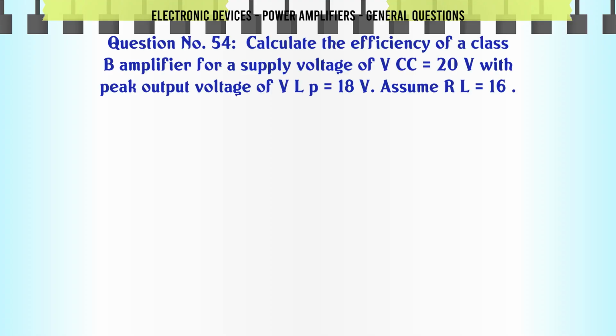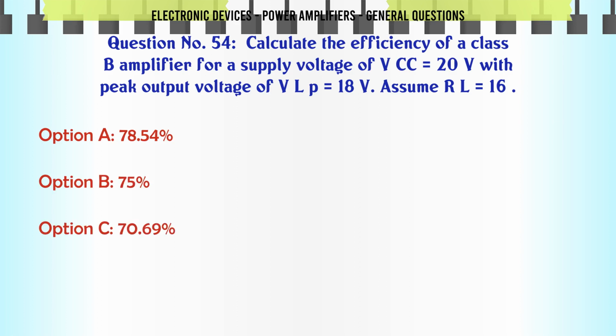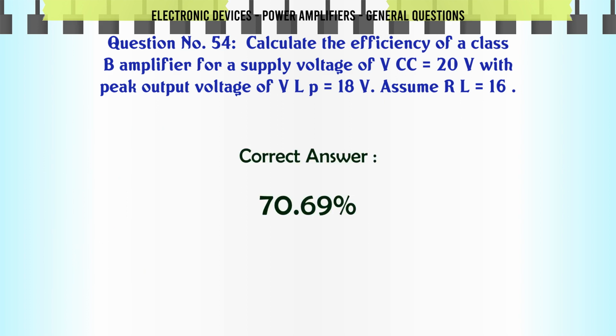Calculate the efficiency of a class B amplifier for a supply voltage of VCC 20V with peak output voltage of VL(p) 18V. Assume RL 16 ohms. A. 78.54, B. 75, C. 70.69, D. 50. The correct answer is 70.69.